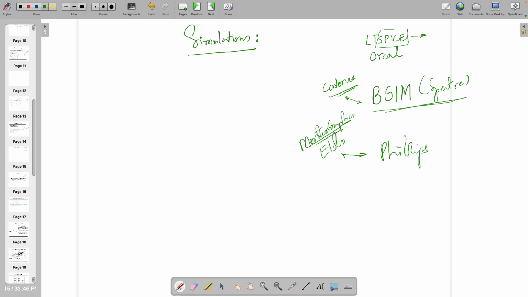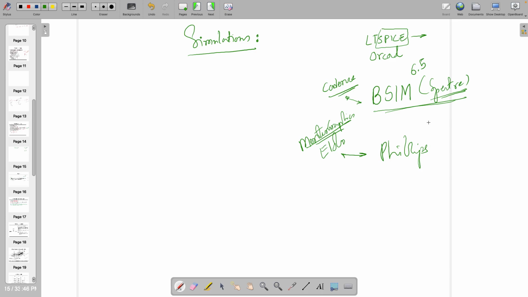Okay, so BSIM also has many higher versions. We need to check which Spectre we are using, and which BSIM model, 6.5. They release a different version every year. In industry, it might be something like 8.0 they are using, if I am not wrong.